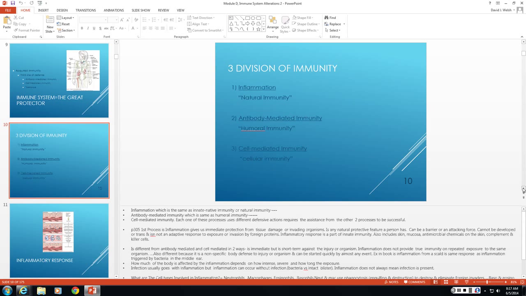Now, there are three different divisions of immunity. Your inflammation, which is your natural immunity, is your first division of immunity. Your second division is going to be your antibody-mediated immunity, or your humoral immunity. And your third is going to be your cell-mediated immunity, which is cellular immunity.